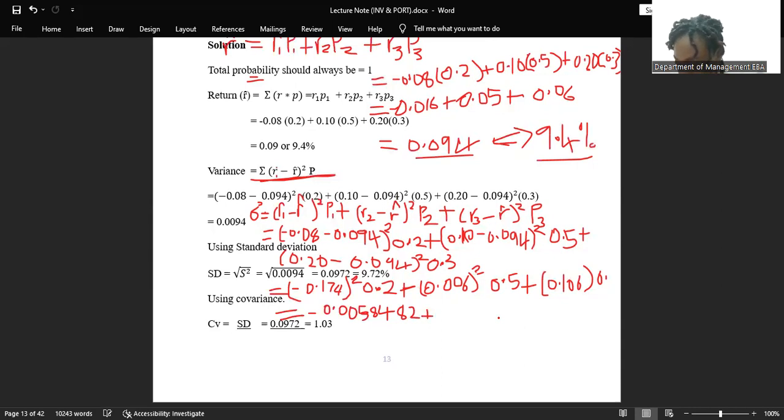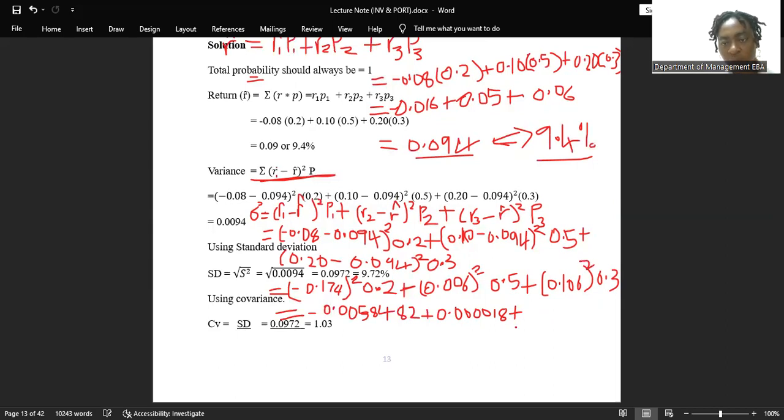So that would be what? 0.006 to the power 2 times 0.5. We are getting 0.0000018. This should be 3, right? Then we multiply this, and there should be a square here.